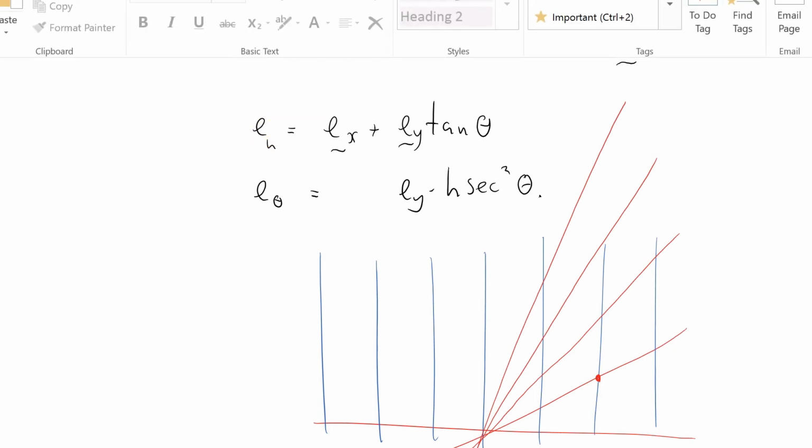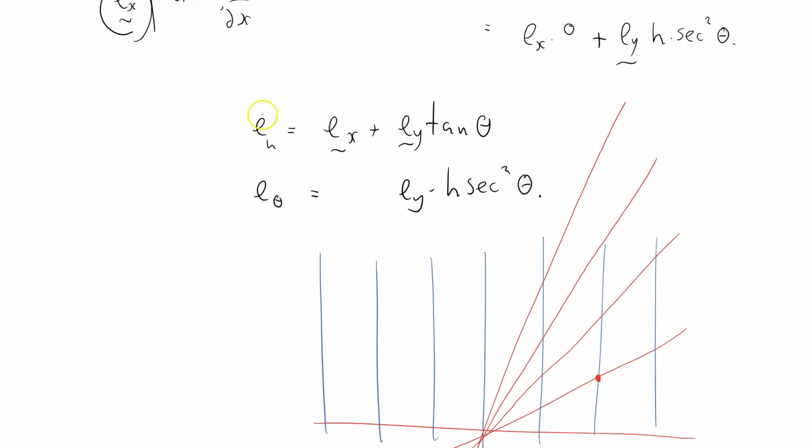It's EX plus EY tan theta. So it goes along there a little bit, and then it goes up there, and this vector here is E subscript H, which we kind of knew anyway, because when we go from this line to this line, we're not allowed to change theta, so we go up there. And what does E theta look like?